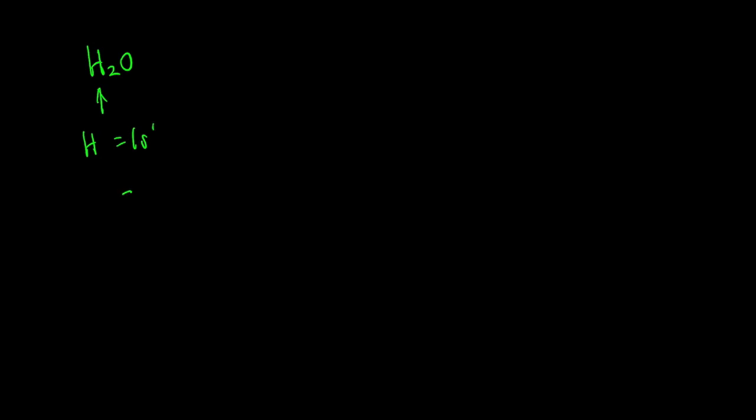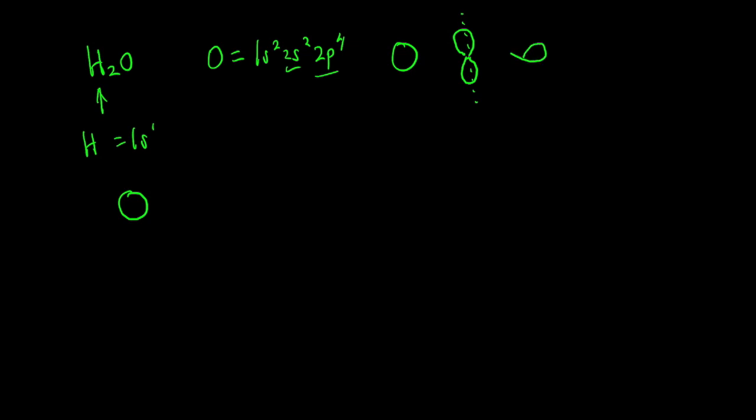An s orbital is just a sphere. And oxygen is something like this, okay? So it has s orbitals and p orbitals. So an s orbital is a circle, and a p orbital is this dumbbell thing that's arranged along the x-axis or the y-axis or something like this, okay?